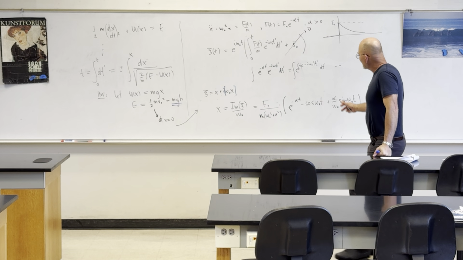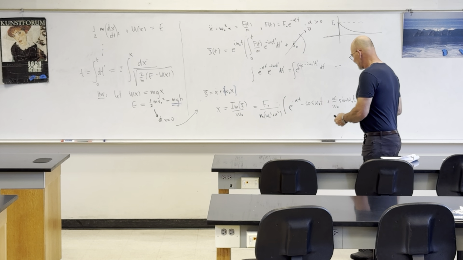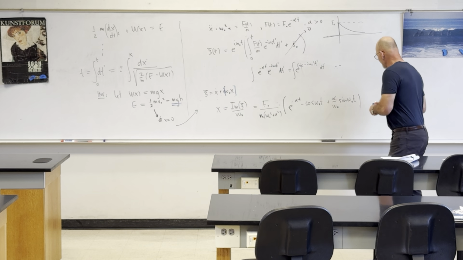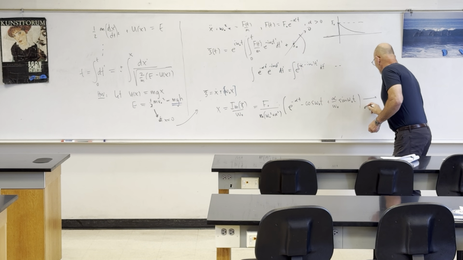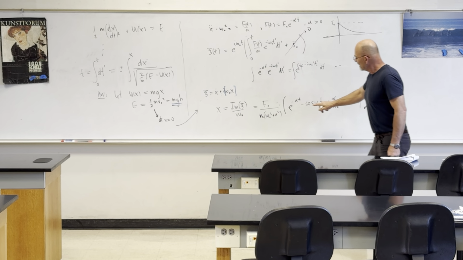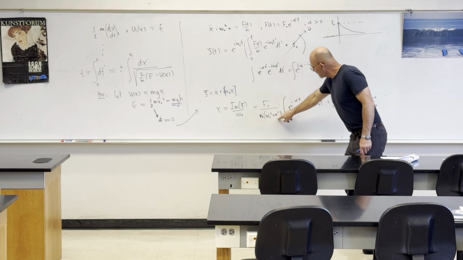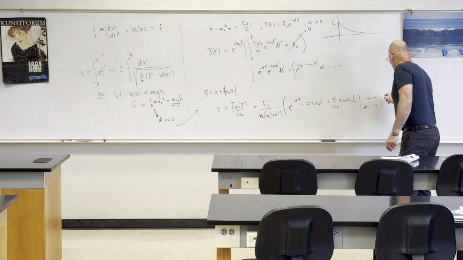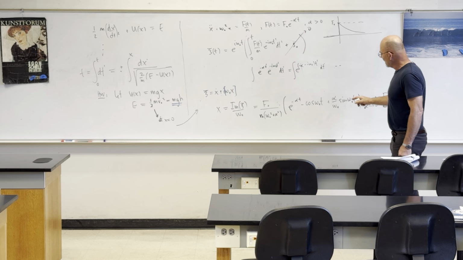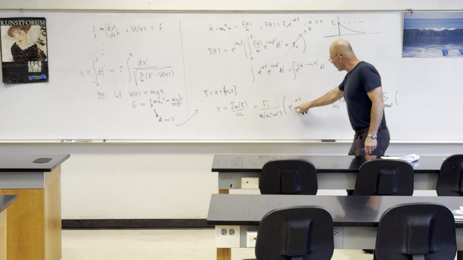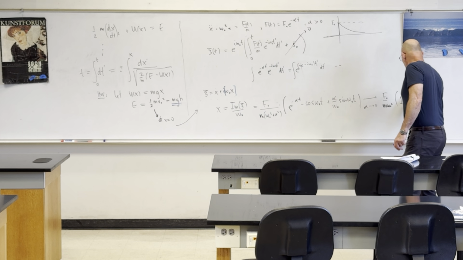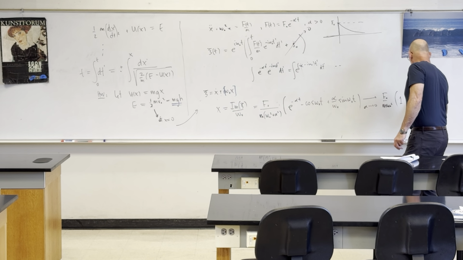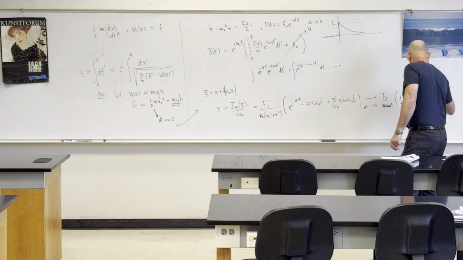And that limit that I asked for is going to be interesting. We can see it right here. So as alpha goes to 0, this turns into a 0. So we've got an f naught over m omega naught squared. And in the bracket, we've got a 1 minus cos omega naught t.